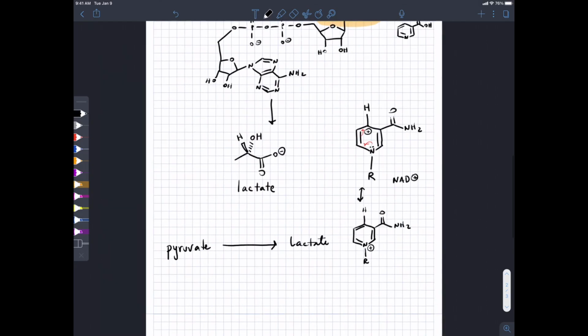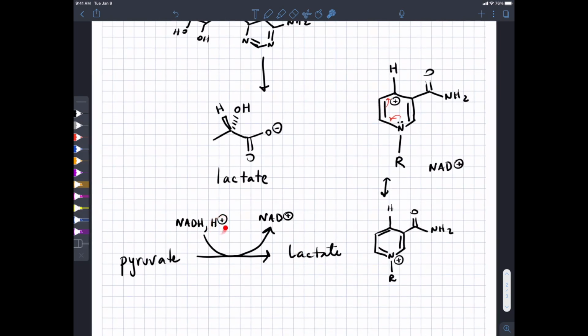And then they will show NADH here, and then they will usually put a comma and a proton, and then a curvy arrow here to indicate that the enzyme takes NADH and converts pyruvate to lactate, and then what's left behind is NAD+. What the heck with the proton?